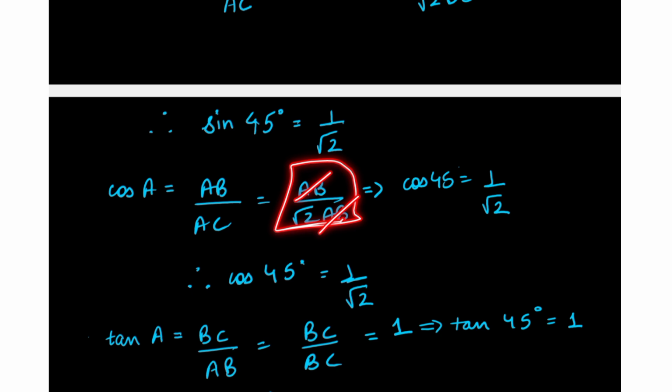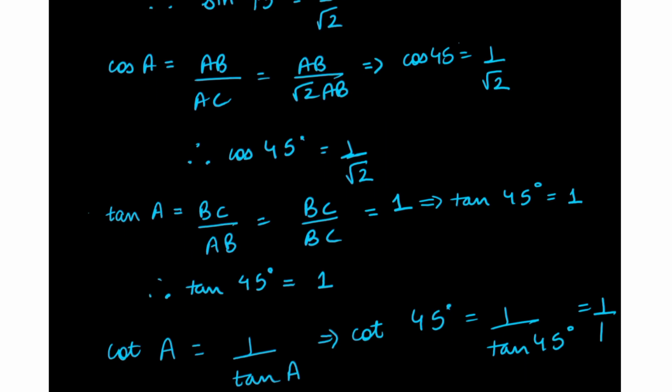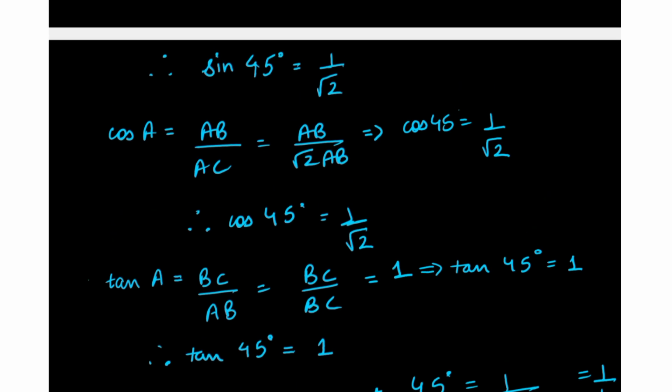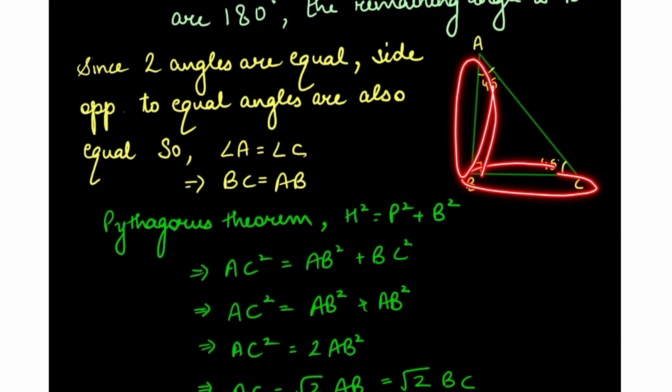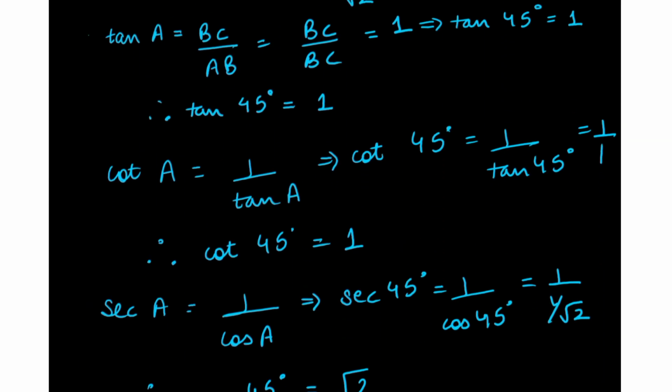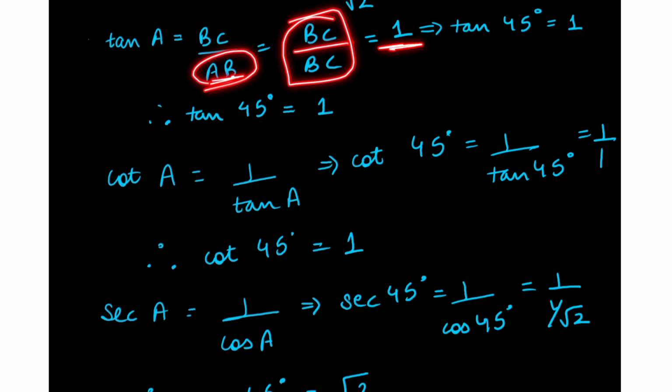Cancelling AB, we are left with cos 45 is equal to 1 by root 2. Then tan A. Tan A is basically perpendicular upon the base: perpendicular BC, base AB. So BC upon AB, and AB is equal to BC, so BC upon BC is equal to 1. So the value of tan 45 degree is 1.